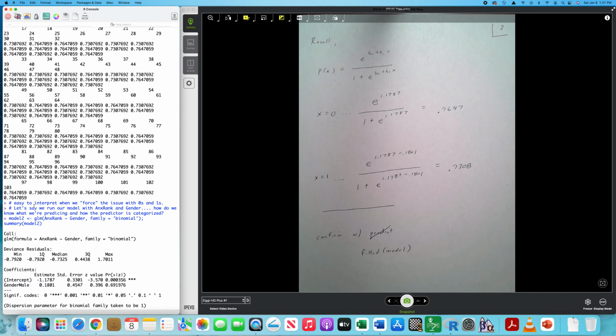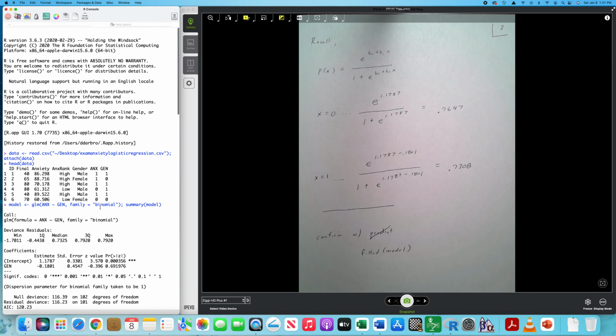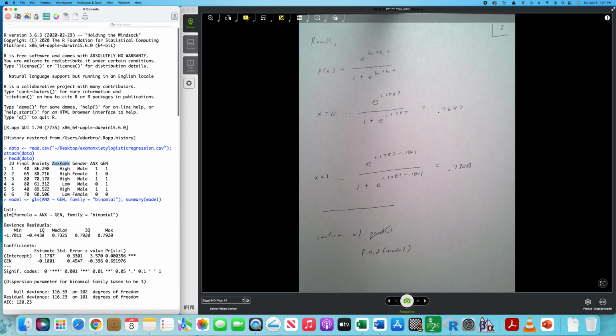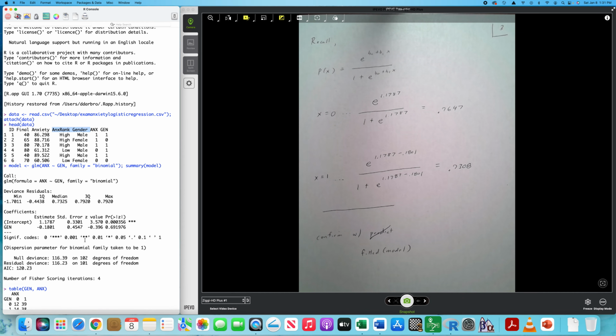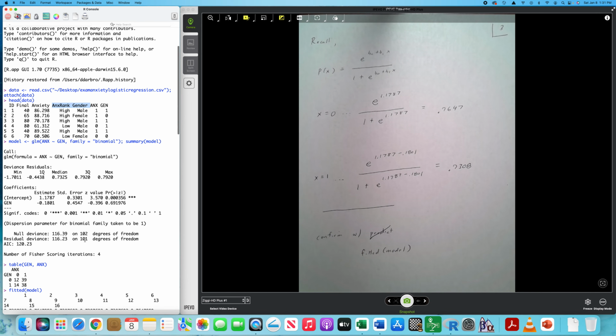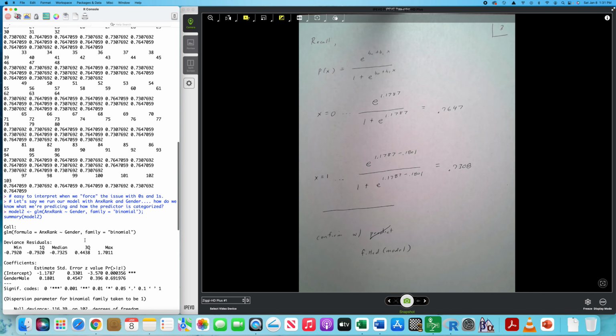But let's say we come in cold turkey, and we want to run our model on anxiety rank and gender, which as you notice up here, anxiety rank is high and low, and gender is males and females, not a natural ordering of zeros and ones. This is typically the way that we're going to run our logistic regression models. But we have to have a clear framework by which we can make our interpretations correctly.